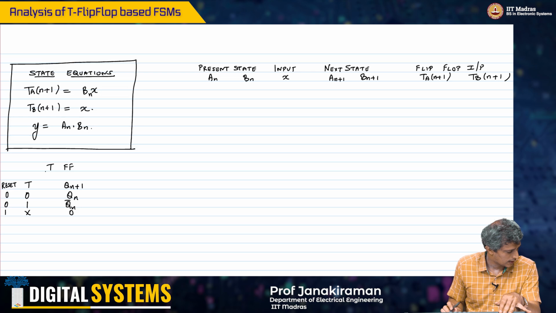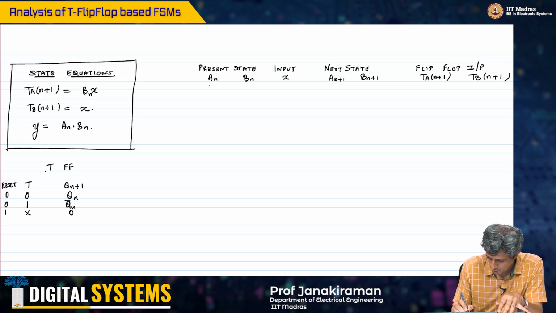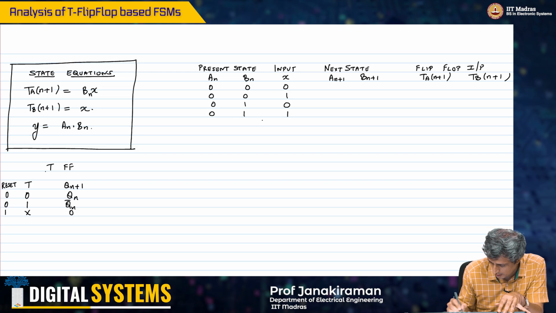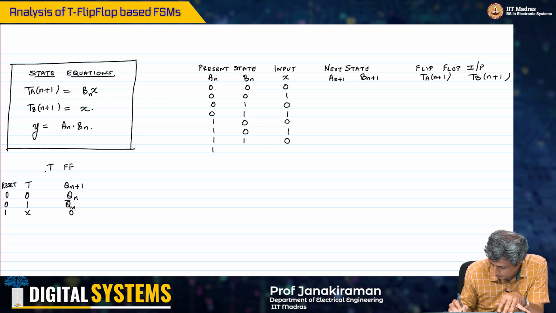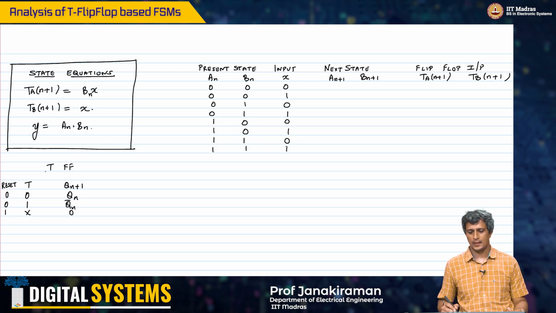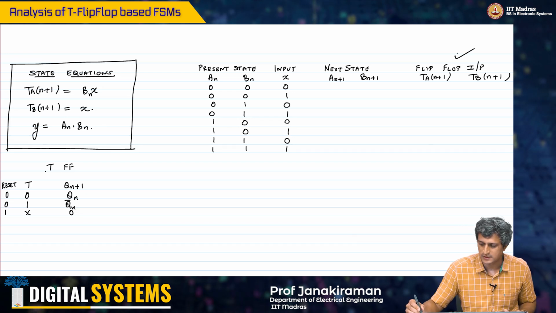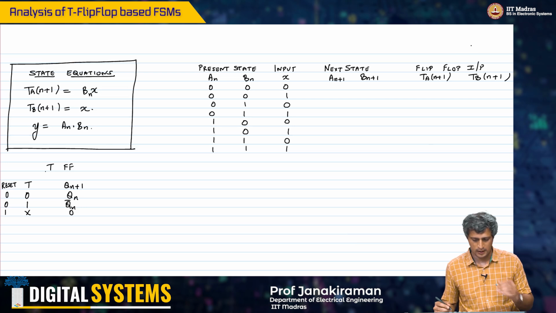Okay, and so you start with 0, 0, 0, 0, 1, 0, 1, 0, 0, 1, 1, 1, 0, 0, 1, 0, 1, 1, 1, 1. Okay. Now based on this, you first populate these 2 columns for TA and TB.